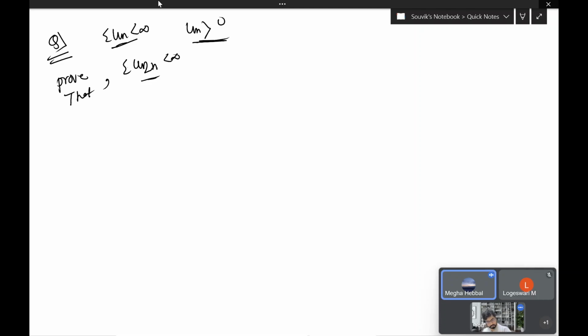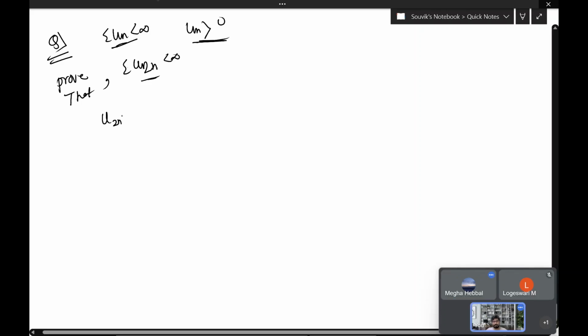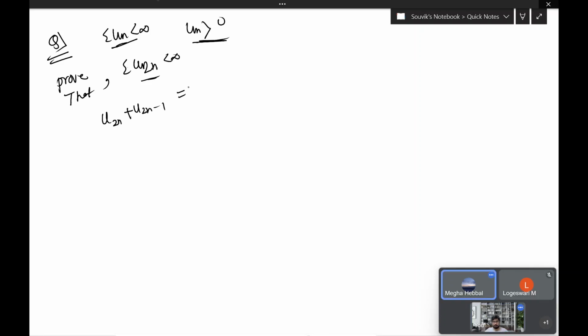So u2n will be less than un, and then the comparison applies to the summation of u2n.